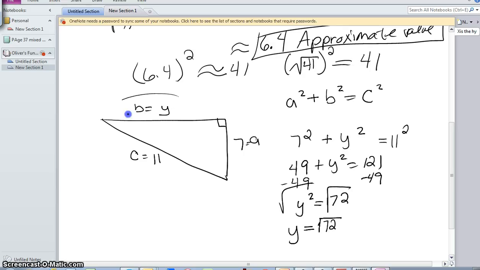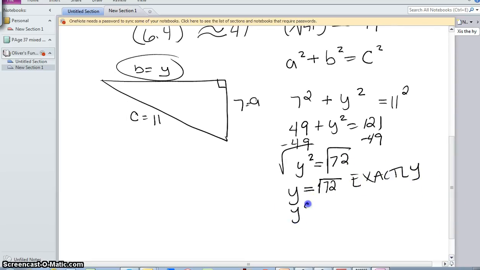We don't need the negative square root, so we're only worried about the principal root. The exact value is the square root of 72. The approximate value, and you should give both unless you're asked for one or the other, when calculated by your calculator, is approximately 8.49.